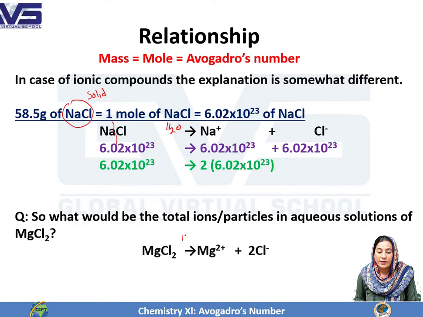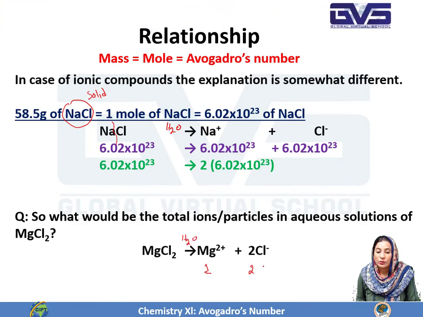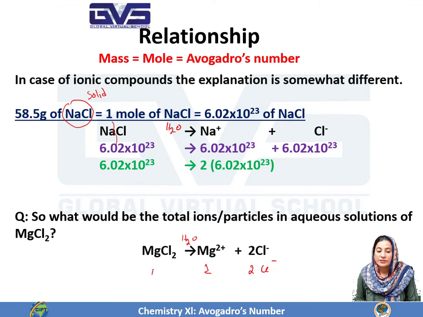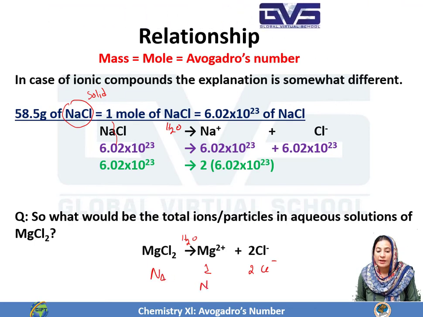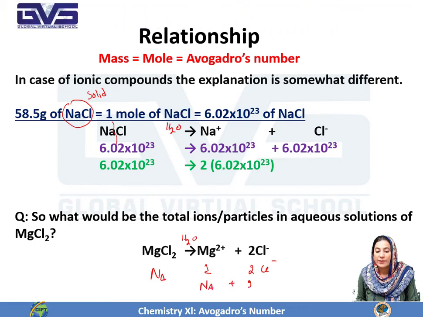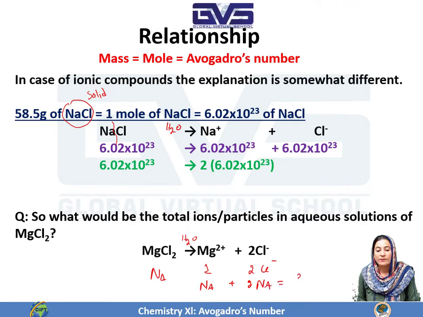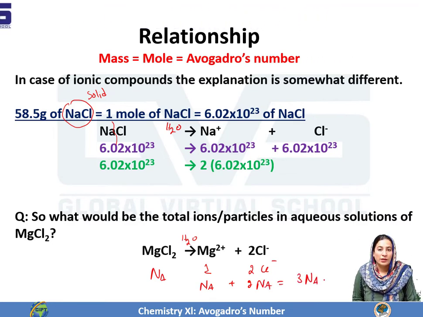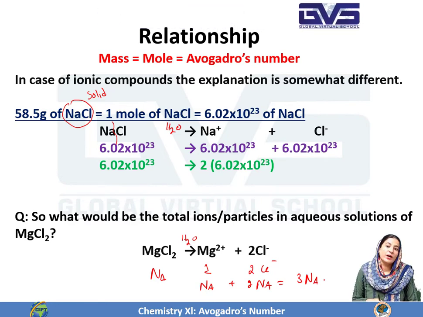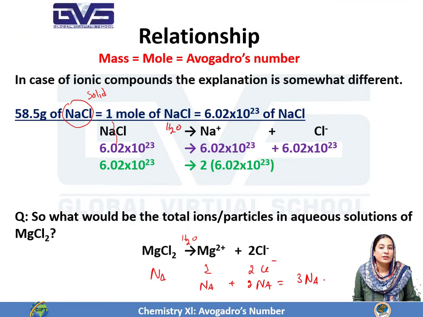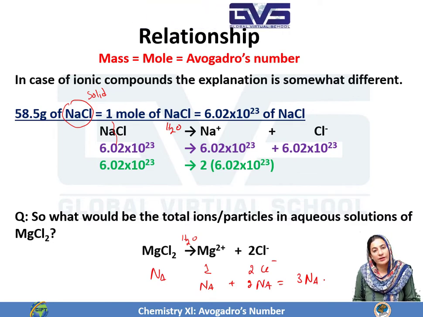Magnesium chloride when dissolved in water gives 1 magnesium ion and 2 chloride ions. So if this is Avogadro's number, it will be Avogadro's number plus double Avogadro's number, so total will be 3 Avogadro's number. So in case of an ionic compound, when you dissolve that in water, the number of particles will be different.